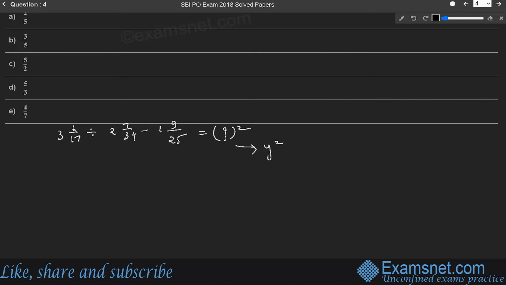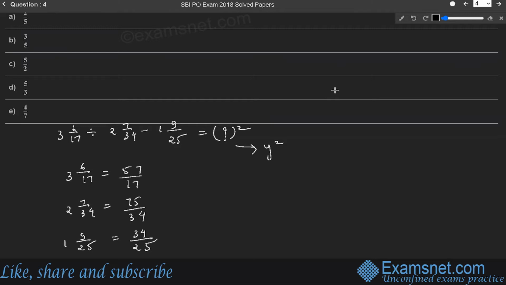On further solving, we'll get 3 6 by 17 is equal to 57 upon 17. So 2 7 by 34 will be equal to 75 by 34. And 1 9 by 25 will be equal to 34 upon 25.